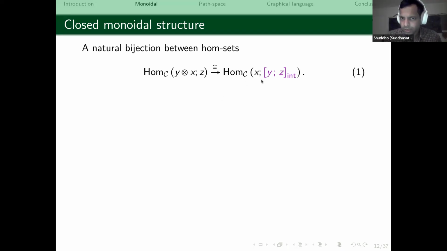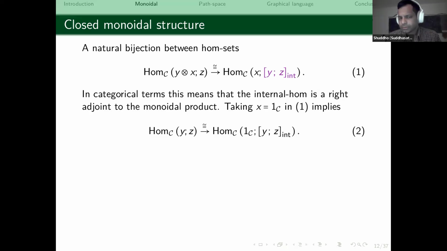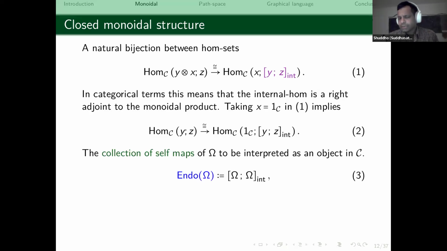So any category which enables such a representation, in which the bundle of arrows from Y to Z itself can be encoded as an object, we call that a closed monoidal category.